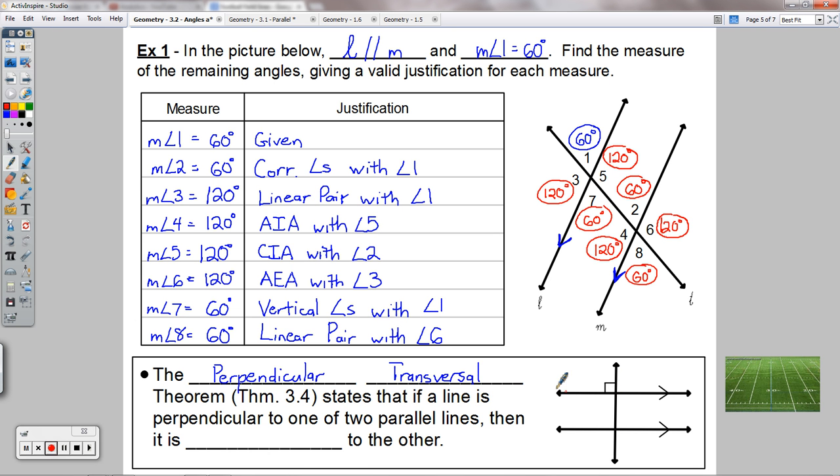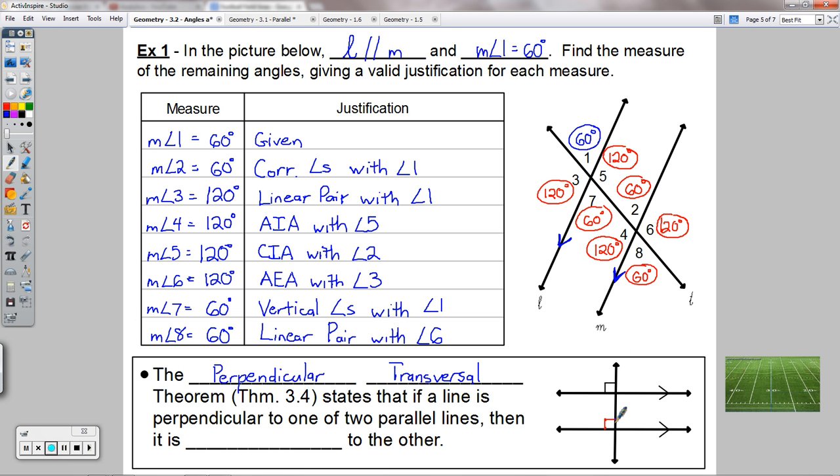If this one's perpendicular, this one and this one are corresponding, so that would make that one perpendicular as well. So I added that in a different color. This is something that we can prove is true based on what we know from before. So it states that if a line is perpendicular to one of 2 parallel lines, these are your 2 parallel lines, this line, the transversal, is perpendicular to one of those 2.